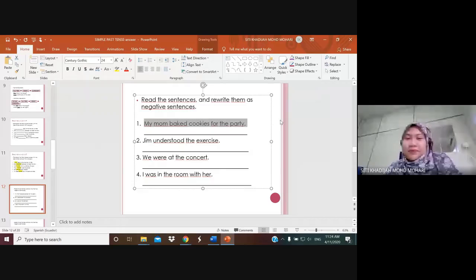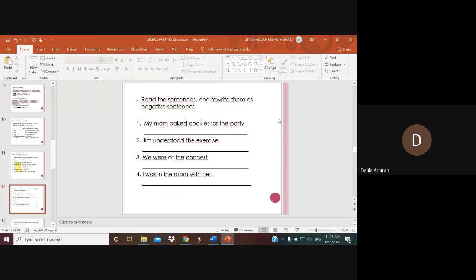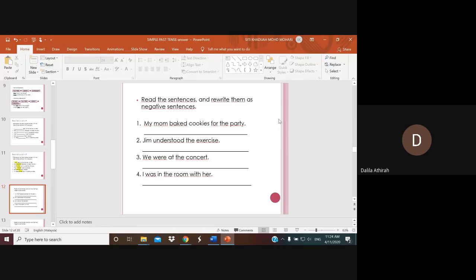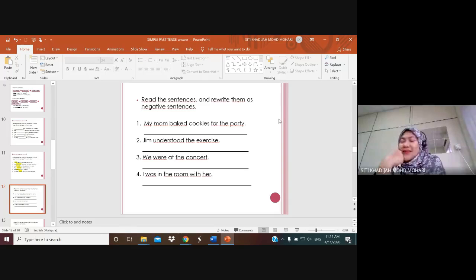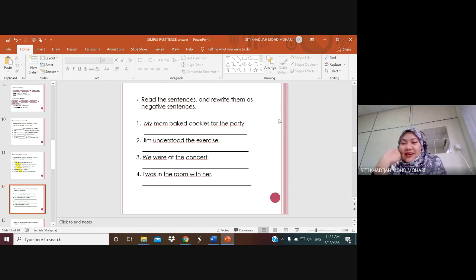Number one, my mom baked cookies for the party. Negative statement would be? My mom. My mom was not bake cookies for the party. No, that is incorrect.